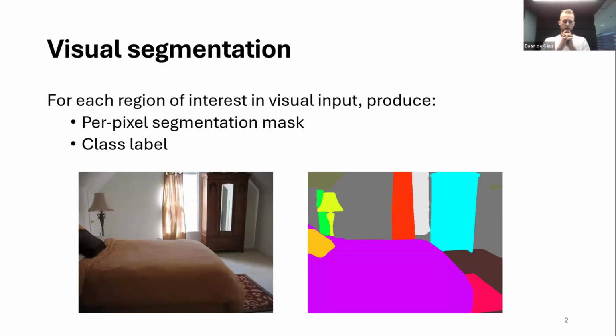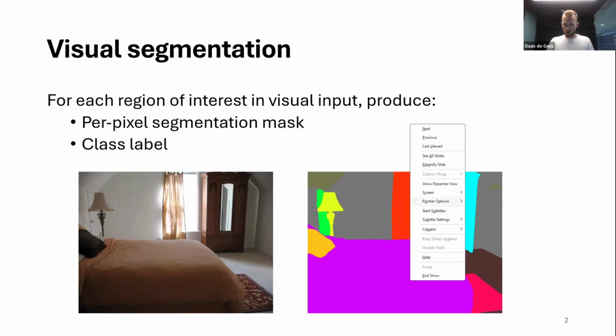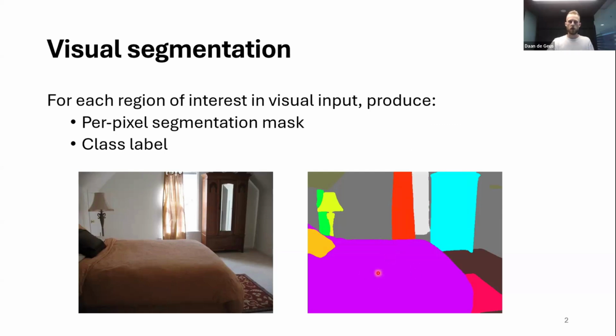So as the title suggests, this paper focuses on the task of visual segmentation. In case you're not familiar with that task, given a particular visual input, the objective is to produce for each region of interest a per pixel segmentation mask, such as this purple mask over here, or this gray mask over here, and a corresponding class label, for instance, that this is a bed, that this is a wall, that this mask is the floor, etc. And I'm purposely keeping it a bit vague with visual input, because I refer to both images and video.